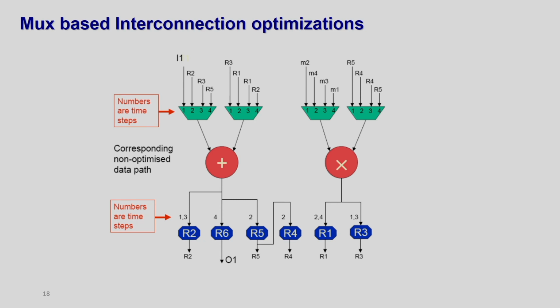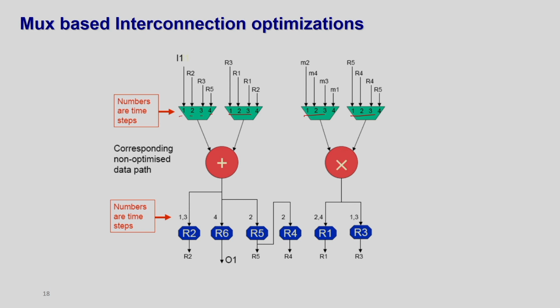Suppose this is the connection requirement we have identified by identifying the operations that are going to execute in each timestamp. For example, here these 1, 2, 3 mention the time in the timestamp. That means in timestamp 1, I1 should come to this FU, in timestamp 2 R2 will come here, and so on. Similarly for the write input, similarly for this FU, right. Okay.